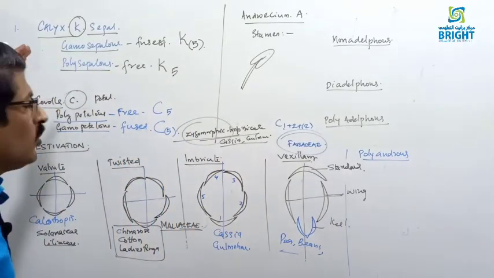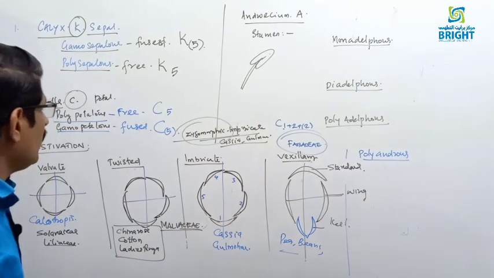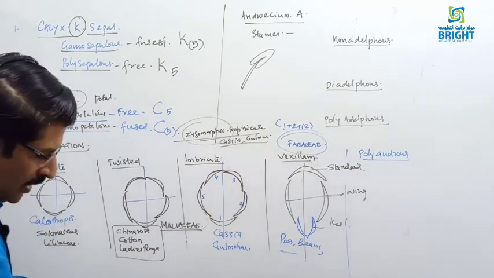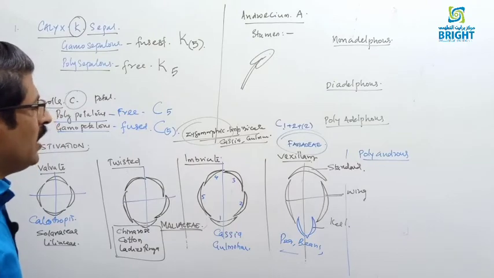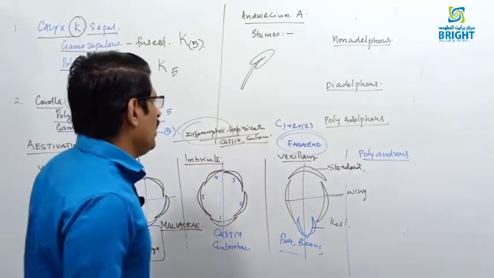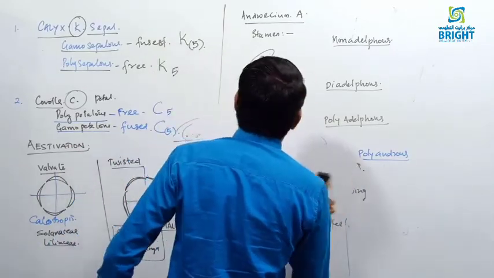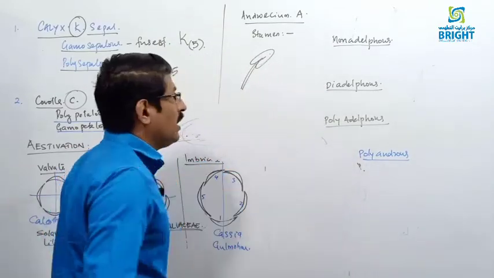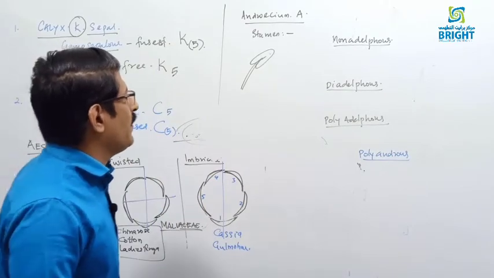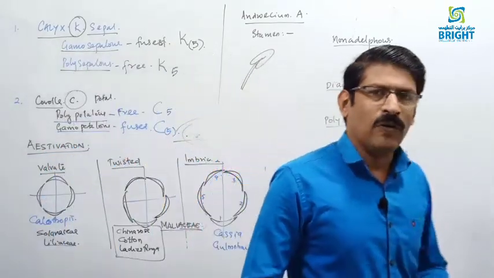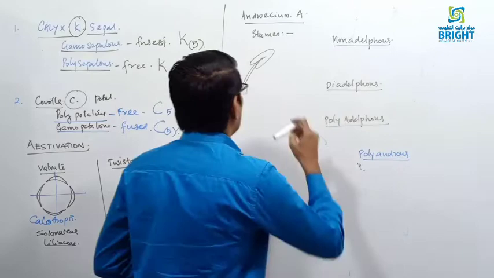So we have studied calyx and corolla and also estivation. For estivation, the diagrams are very important and the examples are also important for the examination. And next is the androecium. Androecium is the male reproductive organ and it is represented by A in the floral formula. The individual members are stamens.